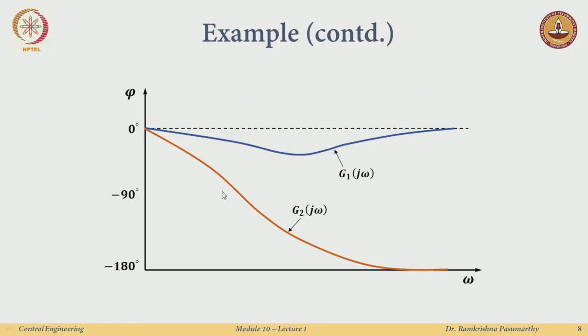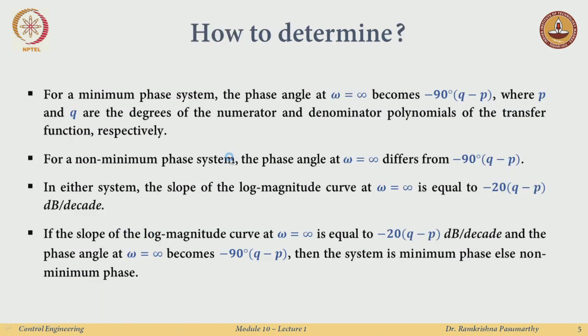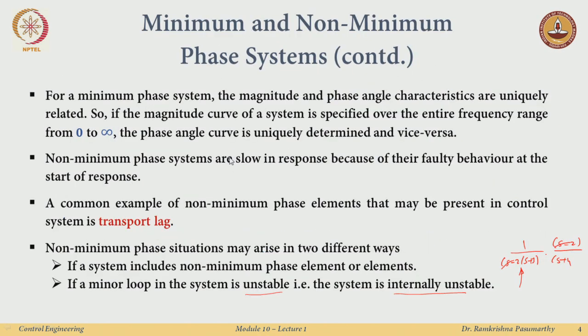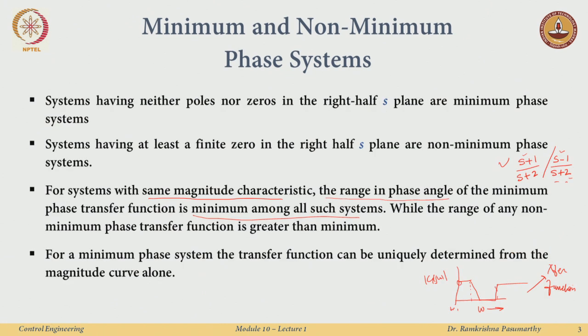Okay, so if I were to just plot this, for some values of T1 and T2, you see that this is G1 and it starts from 0, goes back to 0, G2 will start here and then go to minus 180. Again, given these two, how do I identify which one is minimum phase? Well, I go here, because if I just do not know the number of poles and zeros, I take the phase plots and I say the range in phase angle of the minimum phase transfer function is the minimum among all such systems.